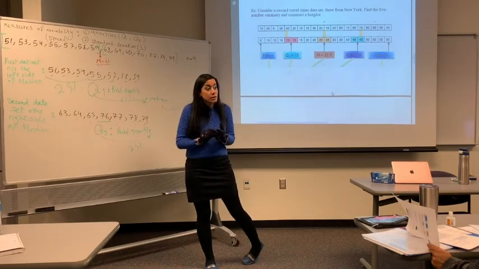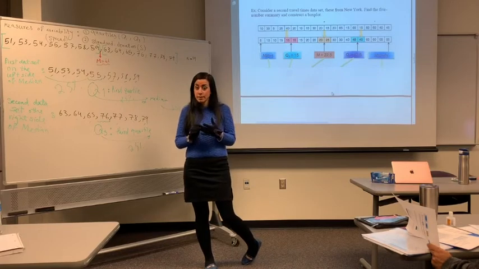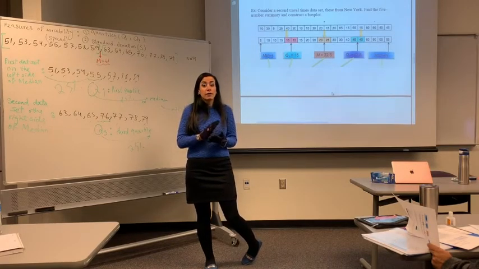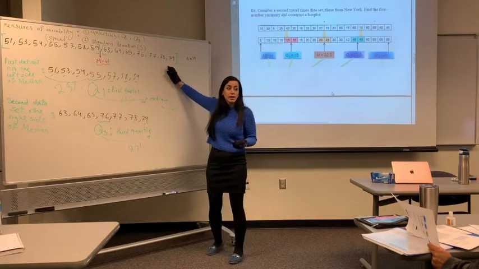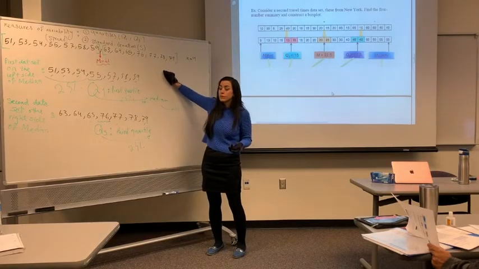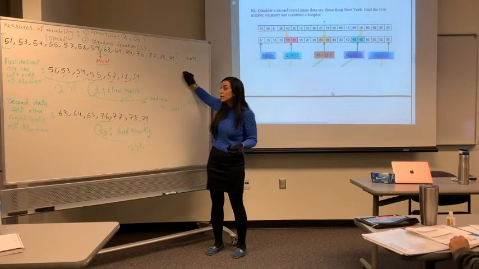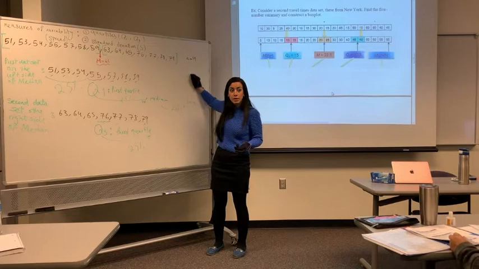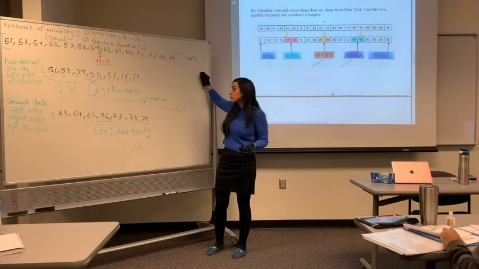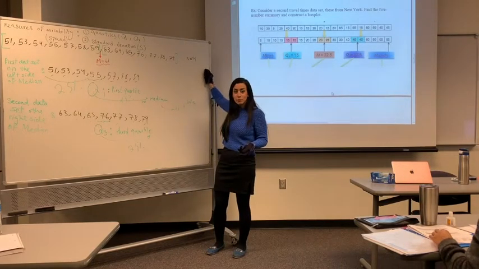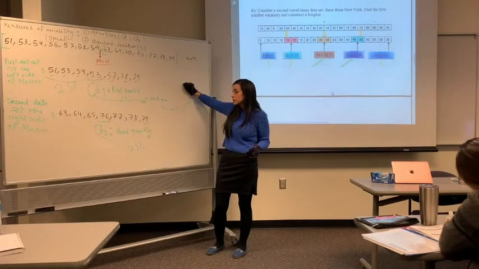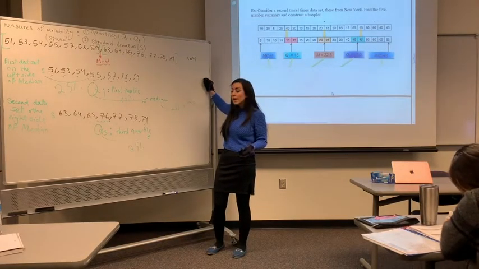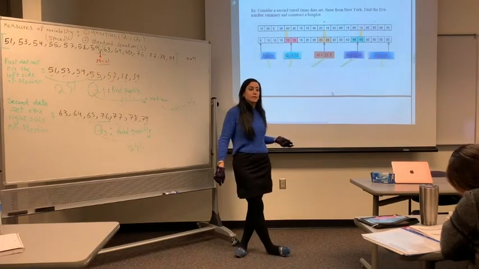I didn't talk about mean, correct? I just talked about median. So we call this 5 number summary. If I ask you what is 5 number summary in this data set, you will write down minimum 51, Q1 55, median, what was median? 61, then Q3, which is 76, and then maximum, which is 79.